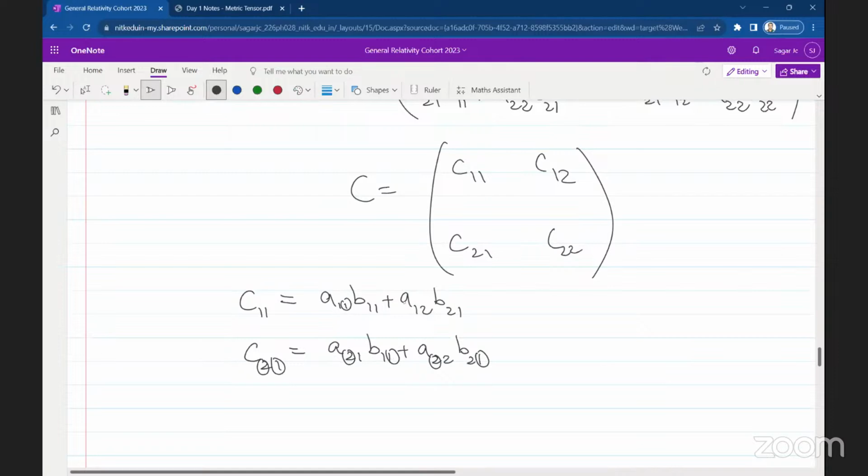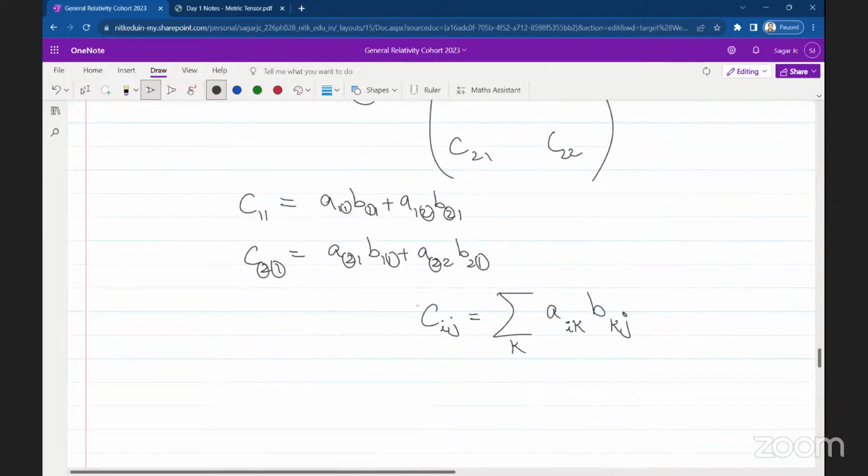These indices are summed over. So I can write Cij as the summation over k of Aik Bkj. This is matrix multiplication.